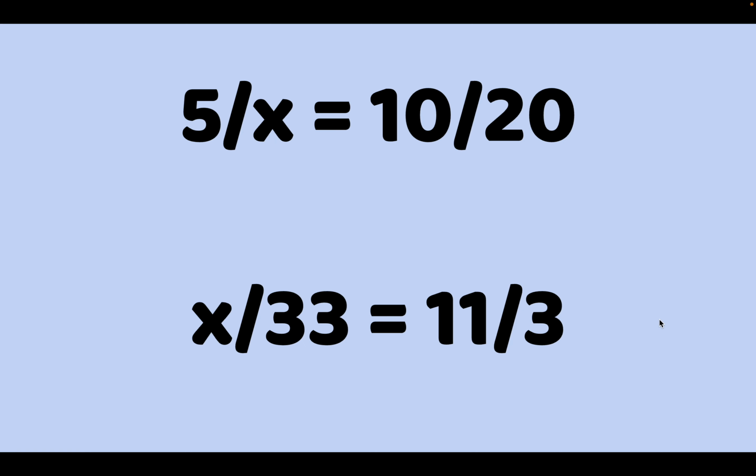And if you cross multiply 121 times 3 and 33 times 11, you should get the same answer. Let me put that into the calculator right now. 121 times 3 equals 363. 33 times 11 equals 363.